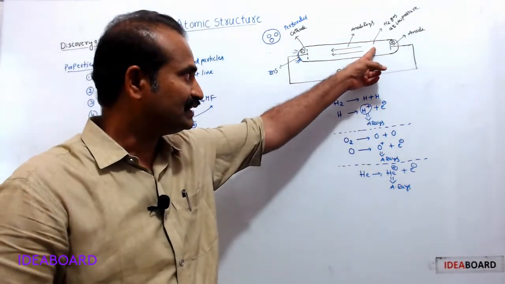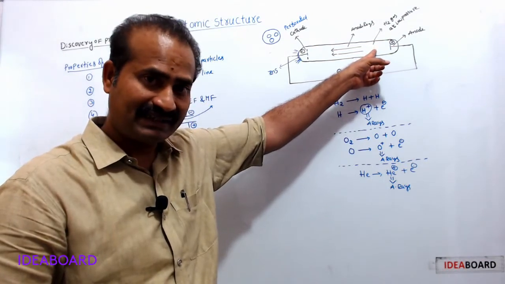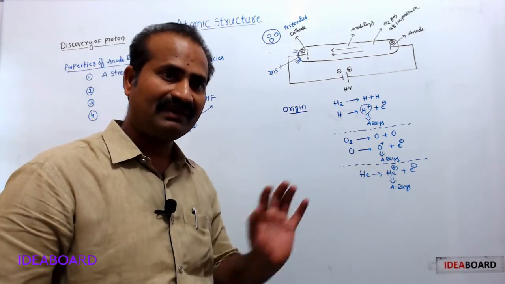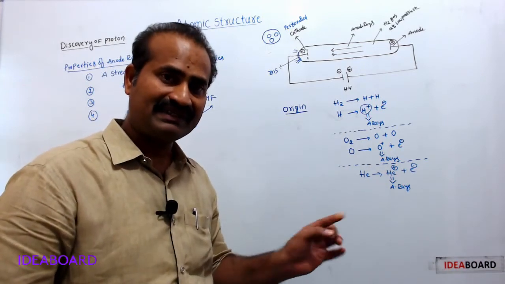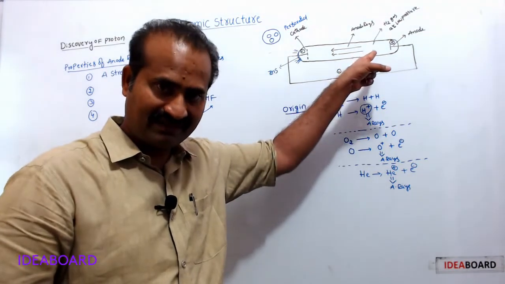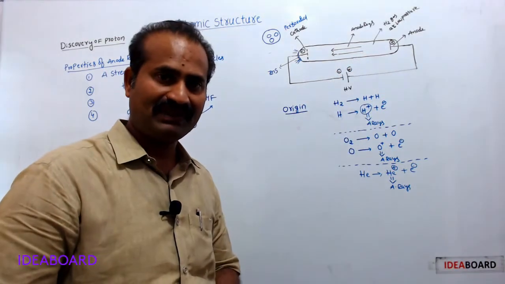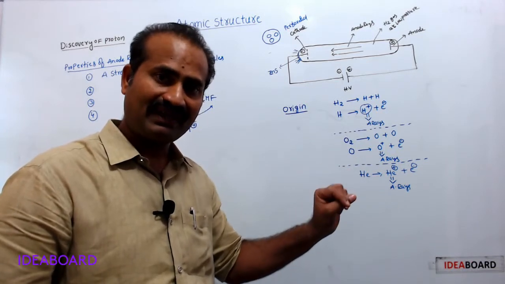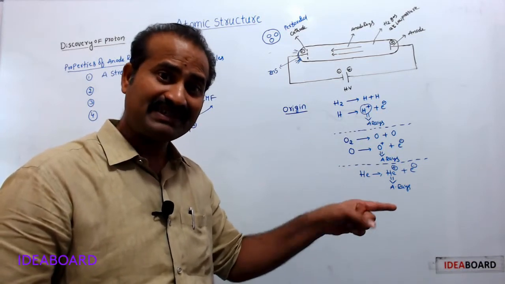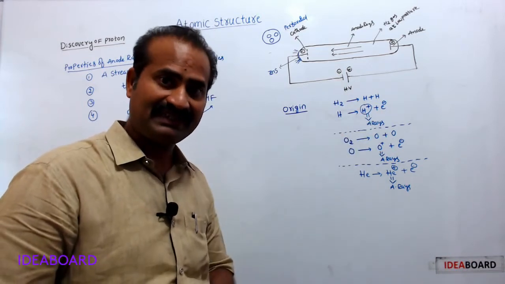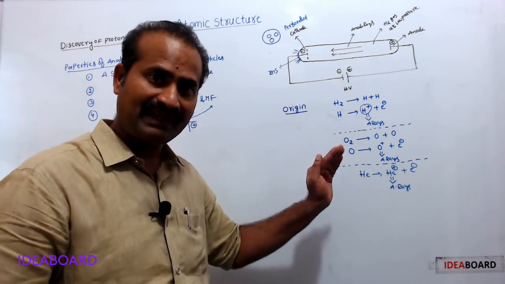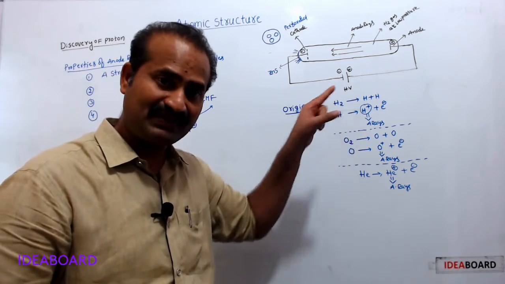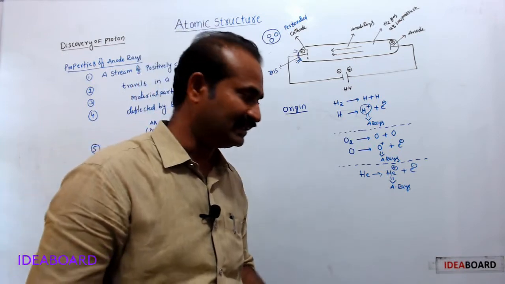If we change the gas, the nature of anode rays also changes. But in case of cathode rays, the nature does not depend on the gas used in the discharge tube, whereas the nature of anode rays does.